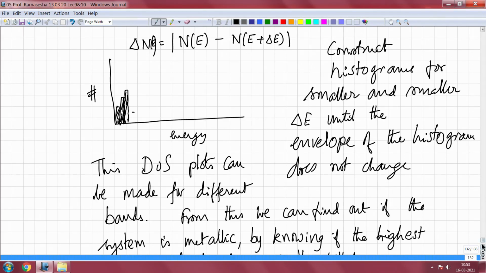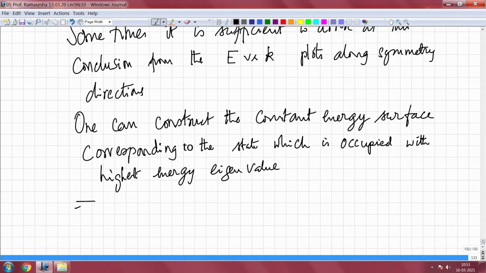This is nothing but the Fermi surface. This is what we would call the Fermi surface.